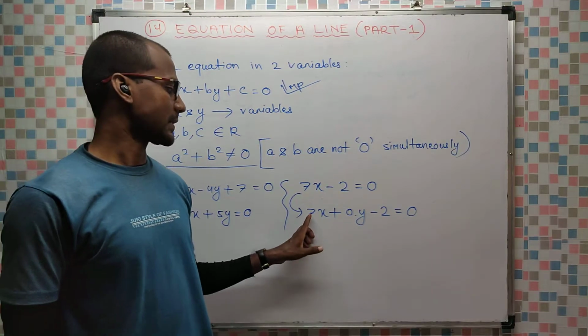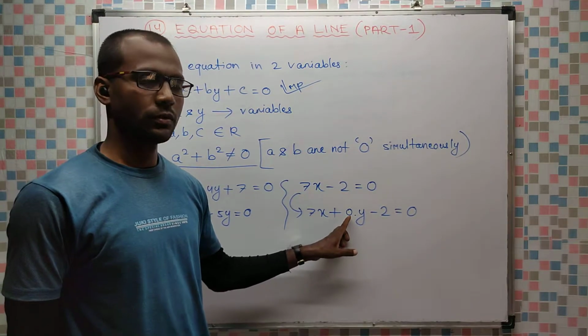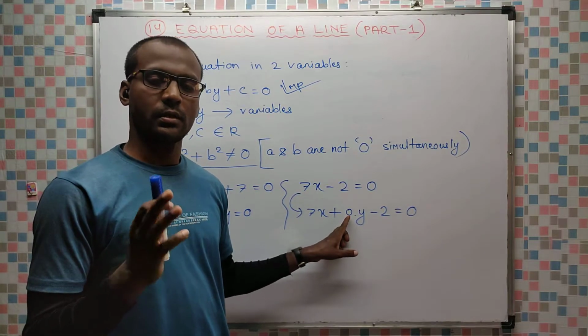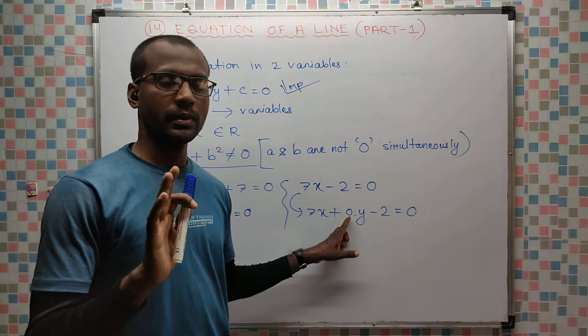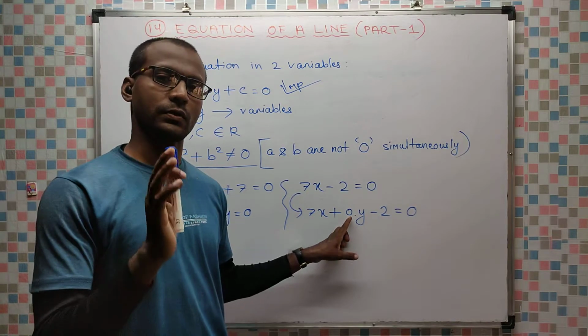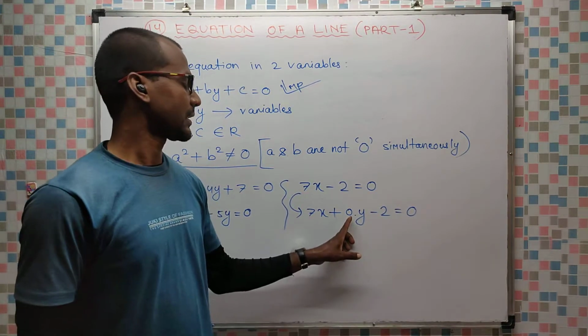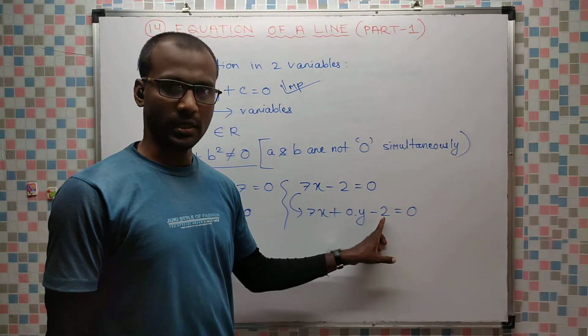So a is 7, b is 0, c is minus 2. According to the condition, a and b both cannot be 0, but one of them can be 0. If b is 0, a should not be 0. Here only b is 0, so it is possible.